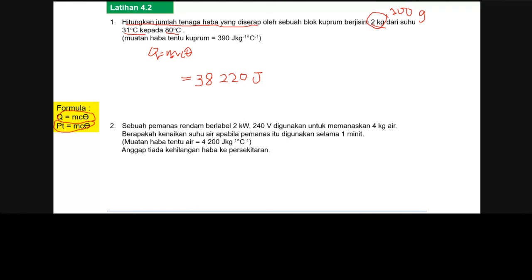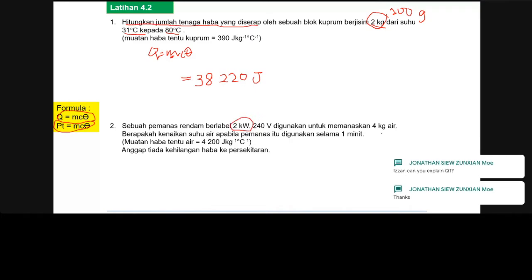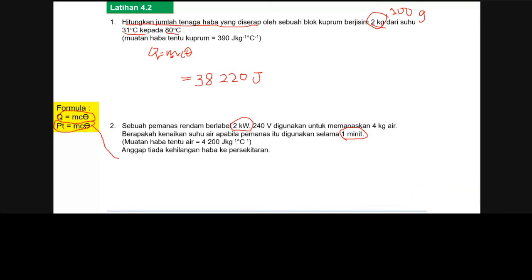If the question involves some electrical stuff and gives you time, this is when you have to use Pt equals mc theta. Don't use the other one, because you want to find Q. So you have P now.